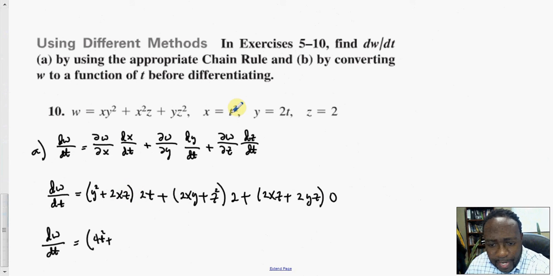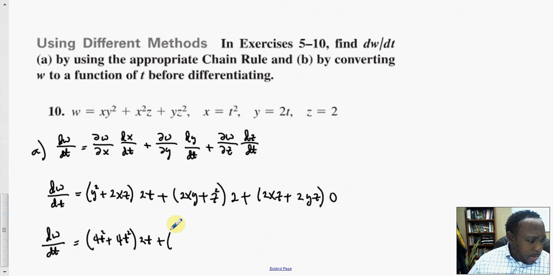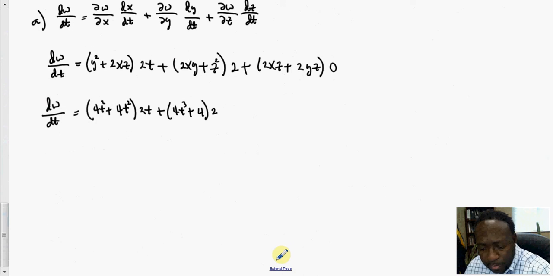Well, x is t squared and z is 2, so that's 4t squared times 2t, plus 2 times xy, and x is here, this is y, so that's 2 times 2 is 4t to the third, plus z squared, that's 4 times 2, and it's just 0 there.